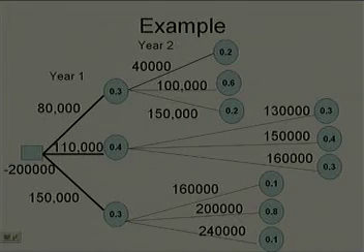So, for year 1 we have got 3 values, and we also know the associated probabilities. It is 80,000, probability is 0.3, 110,000, probability is 0.4, 150,000, probability is 0.3. Now, we will consider the return at the end of year 2.